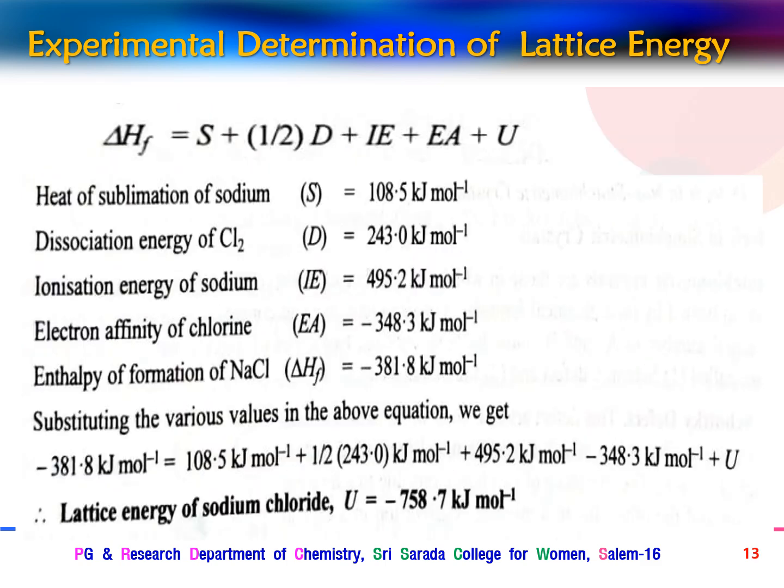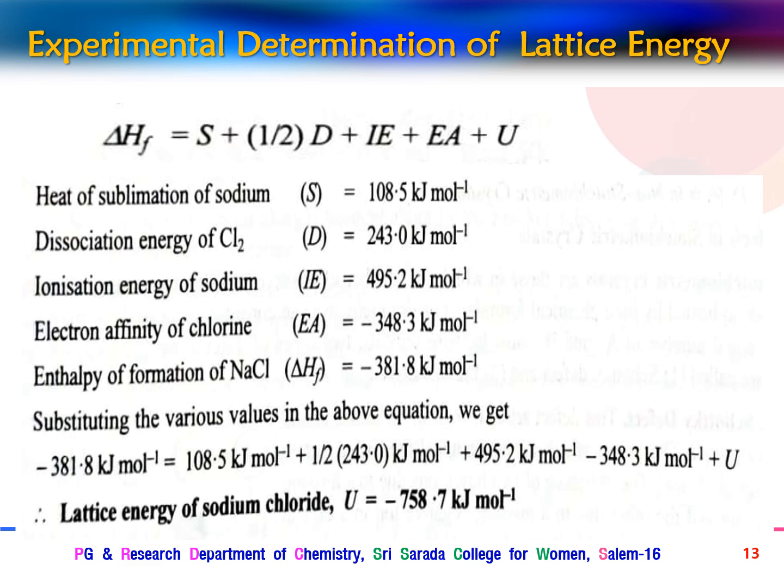The lattice energy can be calculated by using Hess's law. Here, by Hess's law, ΔHf, which is nothing but the enthalpy of formation, is equal to sublimation plus dissociation plus ionization energy plus electron affinity plus U. The sublimation, dissociation, ionization, electron affinity and enthalpy values are given.